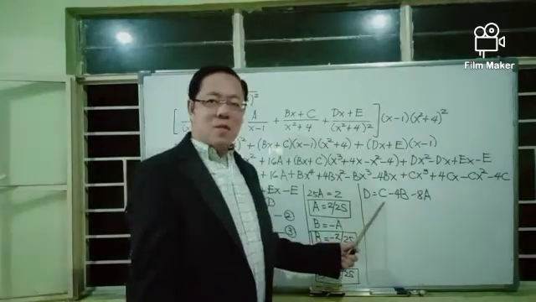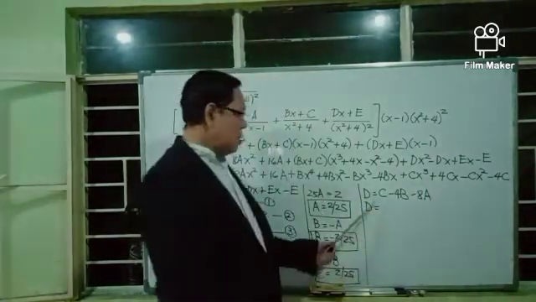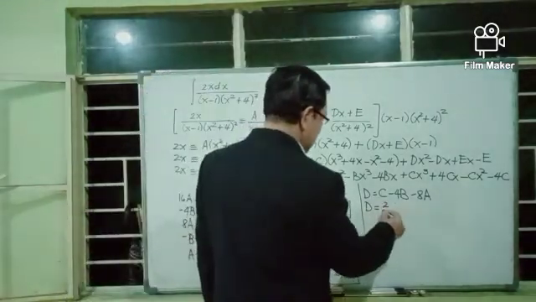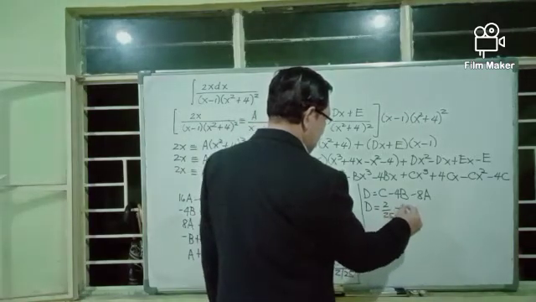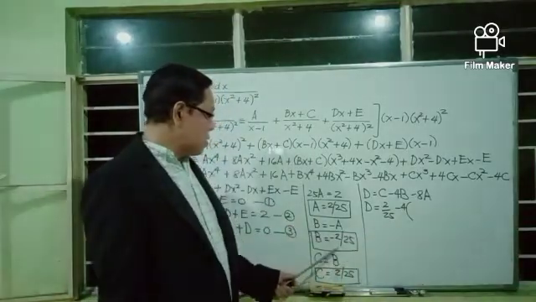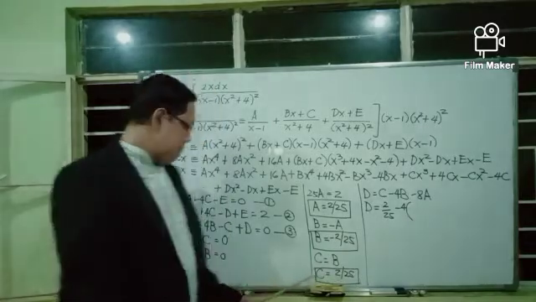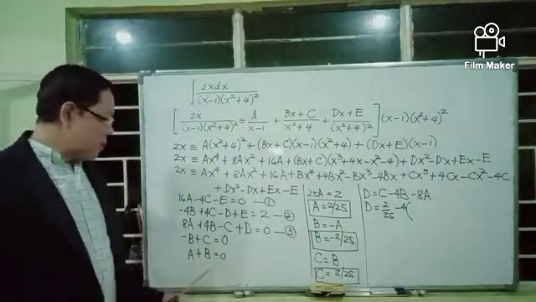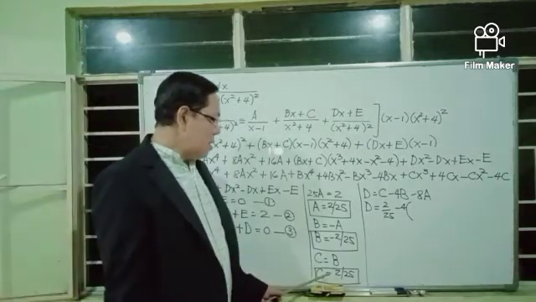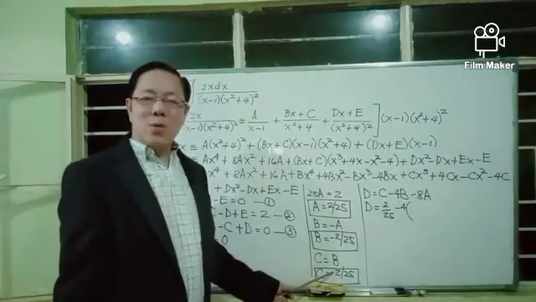We substitute the values of a, b, c. I'm sorry, the value of c is minus b, transpose to the right is b. c is equal to b, but b is negative 2 over 25. Therefore, c is negative 2 over 25.